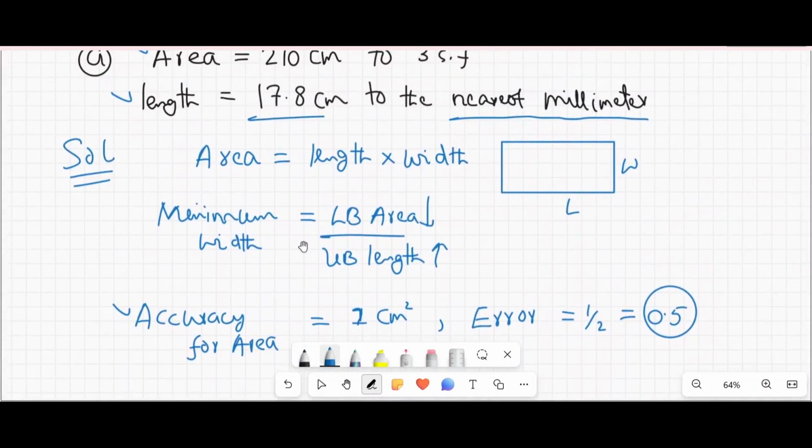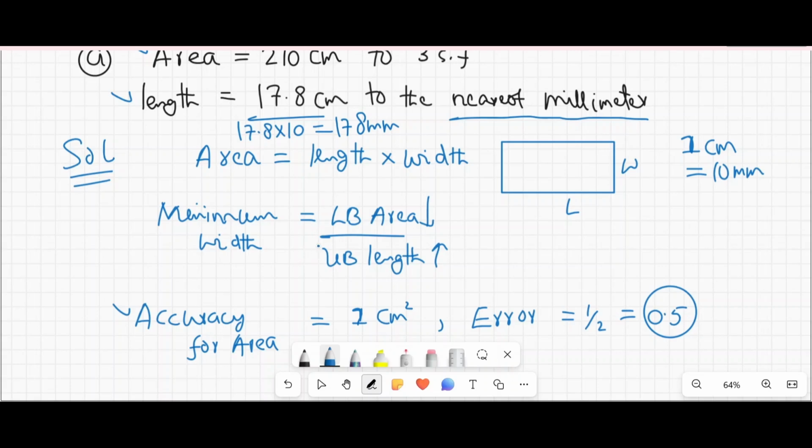Let's convert this into millimeters now. So see, 1 centimeter is equal to 10 millimeters. So now what we'll do is just multiply 17.8 with 10. When you multiply 17.8 into 10, you will get 178. This is in millimeters.